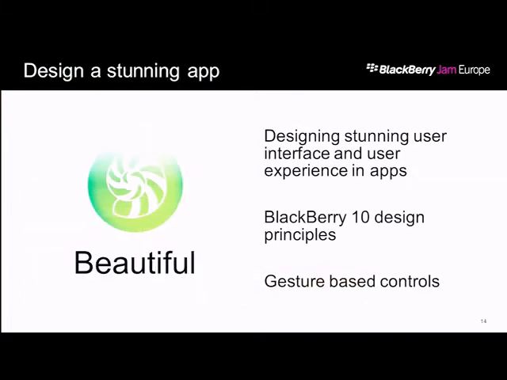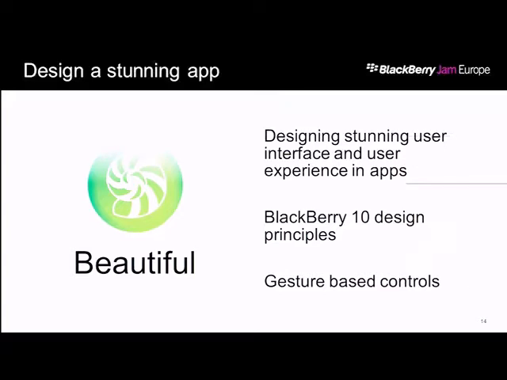So the key word is beautiful. I think Cascades, being the framework, was built with the thought in mind that the applications should look stunning, and so the controls and the tooling and the design principles combined together are meant to give you that experience.